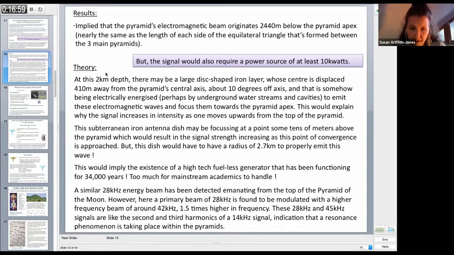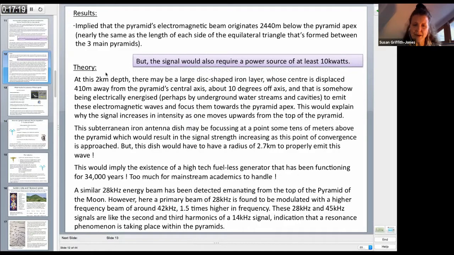This would imply the existence of a high-tech fuelless generator that has been functioning for 34,000 years. And of course, this is way too much for the mainstream academics to handle. A similar 28 kilohertz energy beam has been detected emanating from the top of the pyramid of the moon.